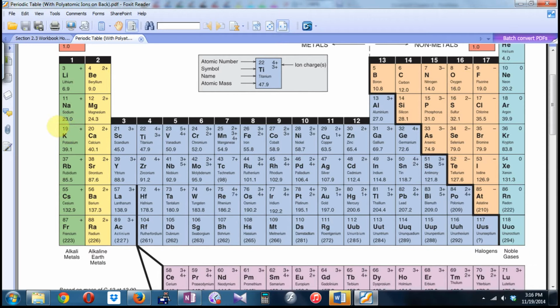What's its atomic number? Same question. How many electrons if it's neutral? Same question. 19. That's all different ways of asking the same thing. How do you know if it's neutral? The question has to tell you, okay? You can't tell from the periodic table. So in other words, I'll give you an example of one where it's clearly not neutral.